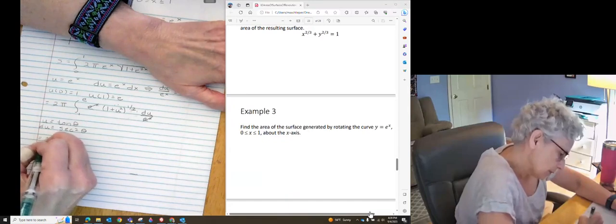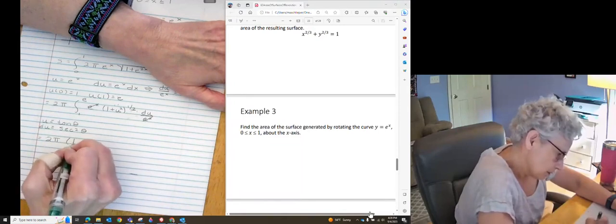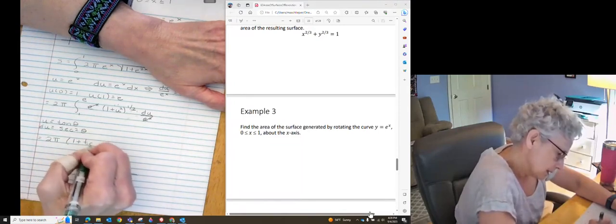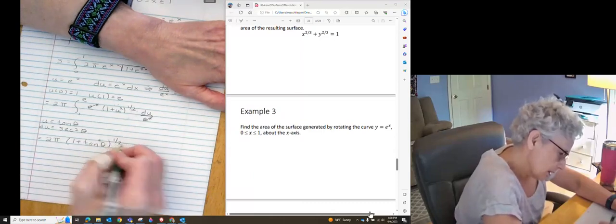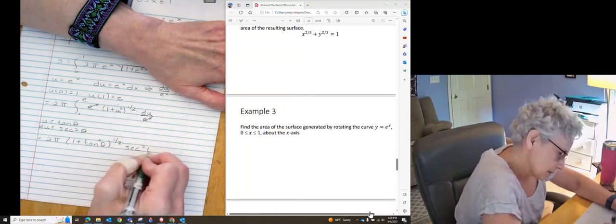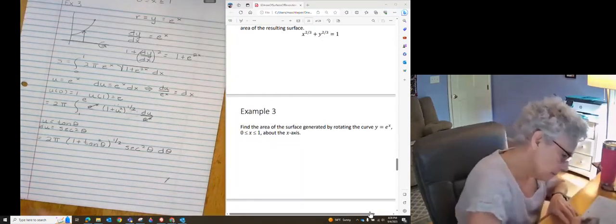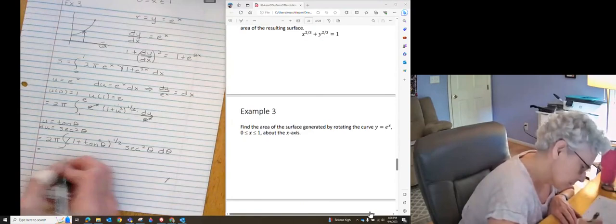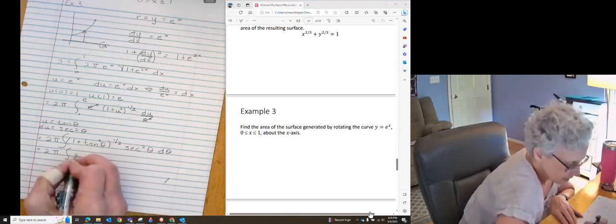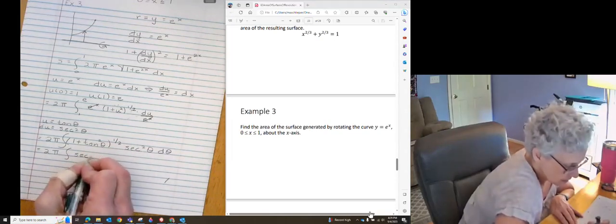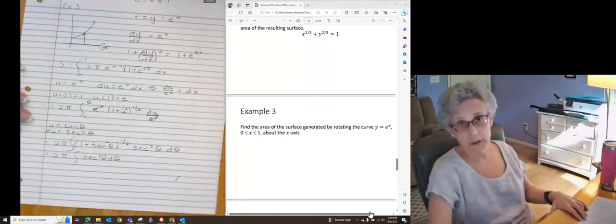So we have 2 pi times the integral of (1 plus tangent of theta squared) to the 1/2 times secant squared of theta d theta, which is 2 pi times the integral, and this becomes secant, so I end up with secant cubed of theta d theta, which is a loopy integral.